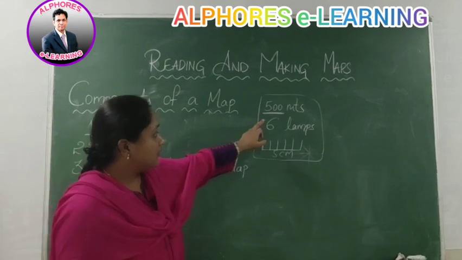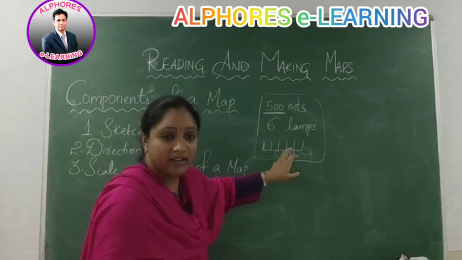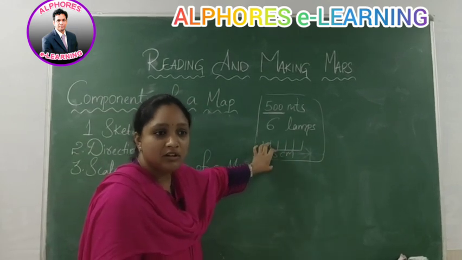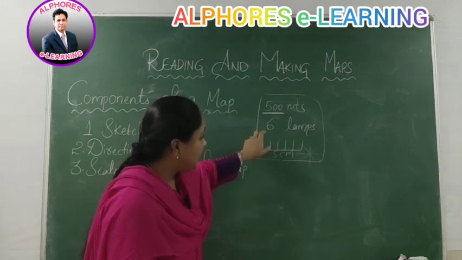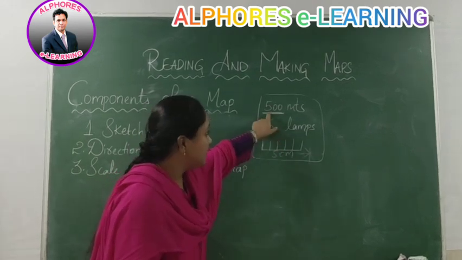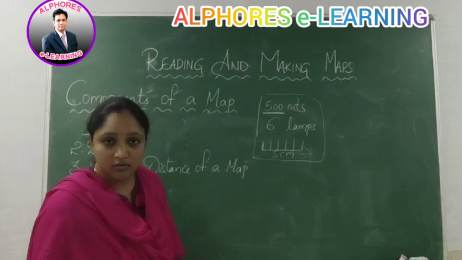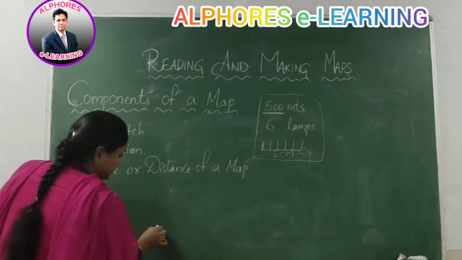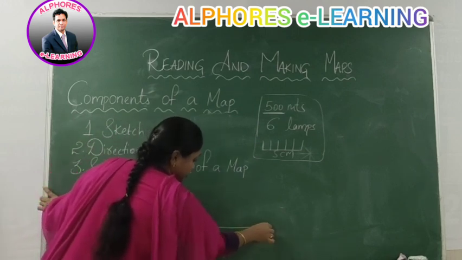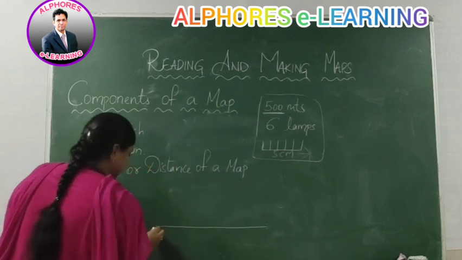They cannot show the big 500 meters of the bridge on a small sheet of a map. So they have drawn a line which is of 5 centimeters. The same technique this boy also used. Just assume that this is 5 centimeters of a bridge.